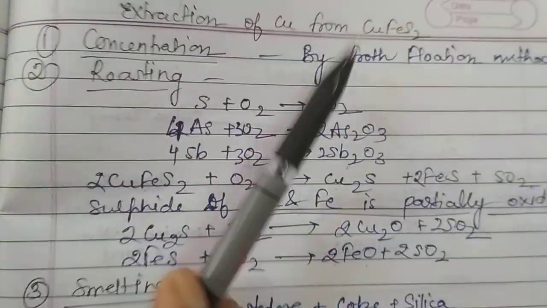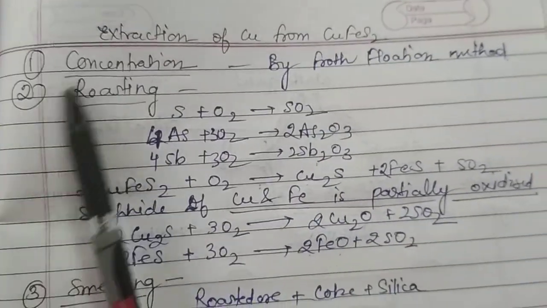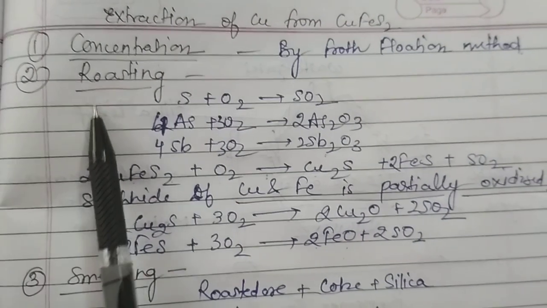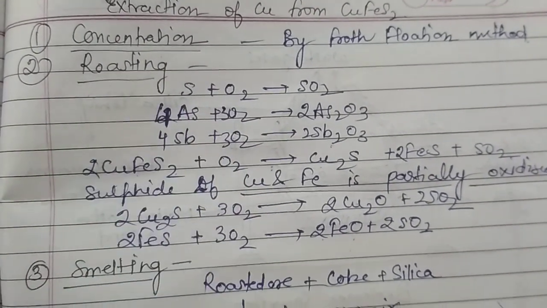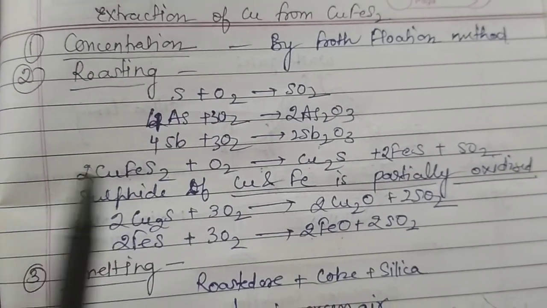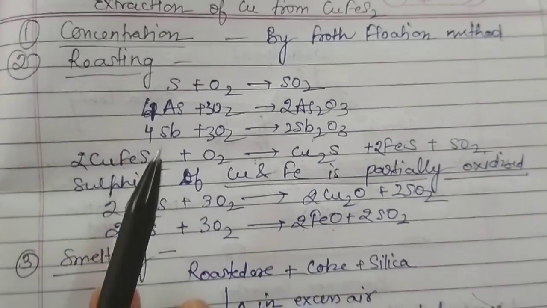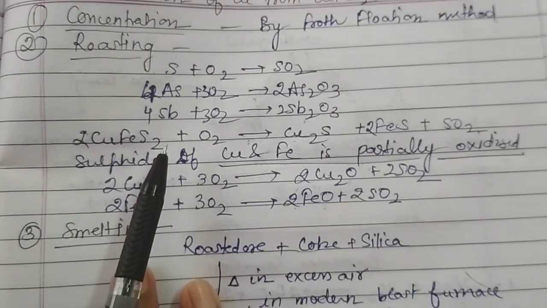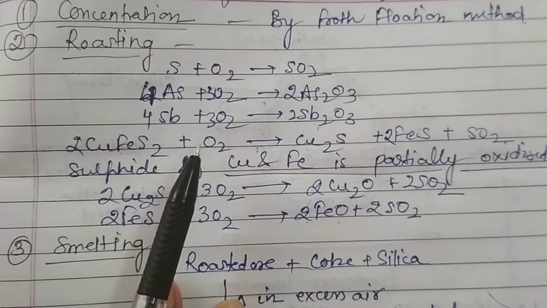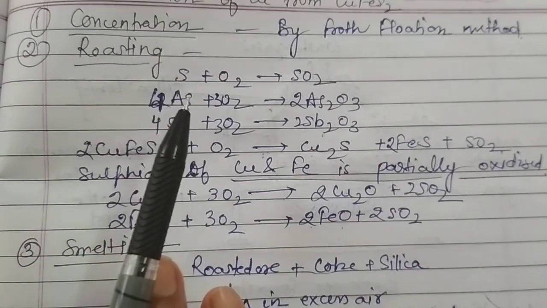Now this concentrated ore from the froth flotation process goes through the roasting process. In roasting, as we have already discussed, the concentrated ore is heated below its melting point with a current of air on the hearth of a reverberatory furnace.